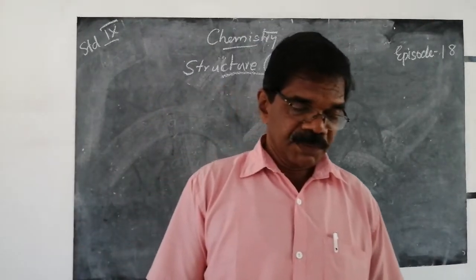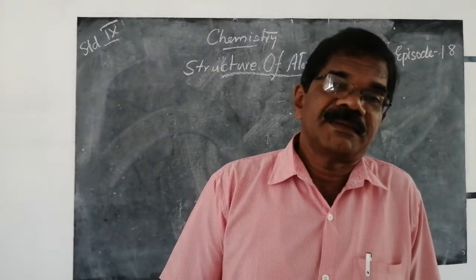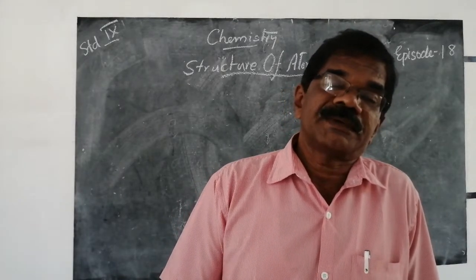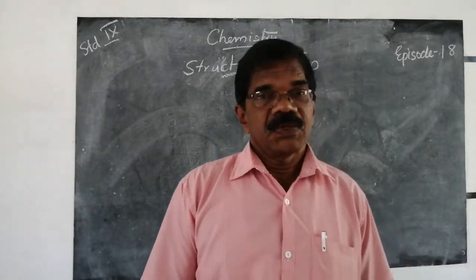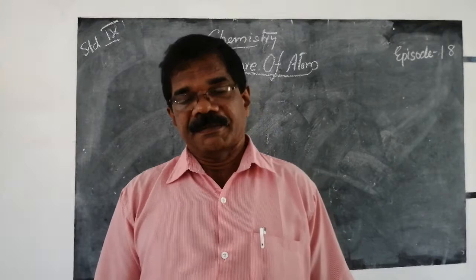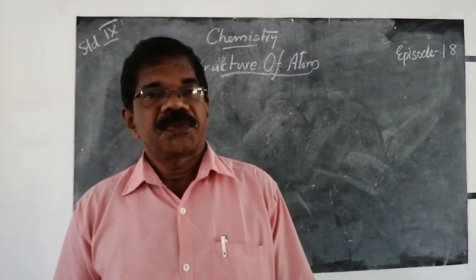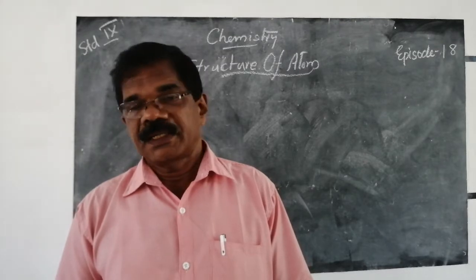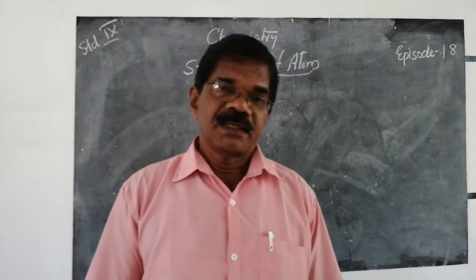structure of it. In the previous class, we learned Dalton's atomic theory. John Dalton was the first scientist who used the term atom. John Dalton also put forward Dalton's atomic theory.